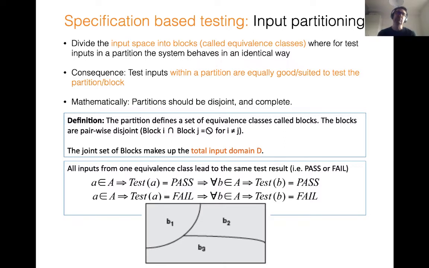And then typically you write test cases so that for all inputs in one class, you write the test case so that they will lead to a pass or to a fail, right? So this is the idea. The idea with identifying them is that a single one can help you find the faults and failures for all the values in that class. And that's the basic assumption, and that's why it's sort of a basic technique.